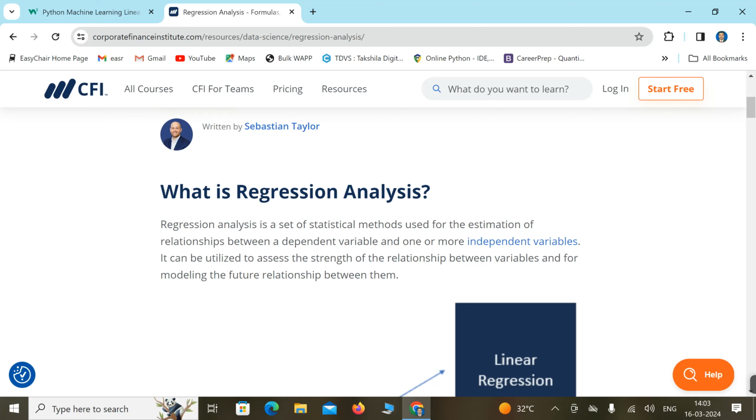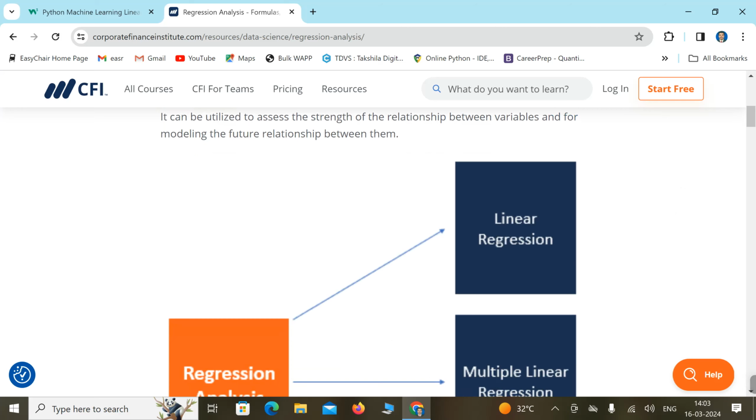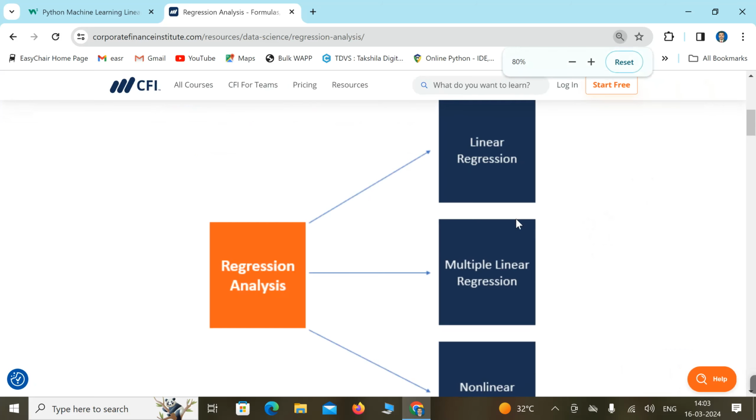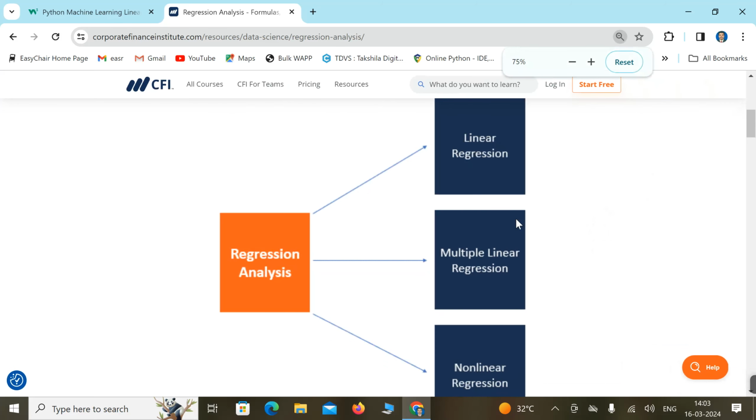Based on the number of dependent variables, and of course there will be one dependent variable, the number of independent variables, and the relationship, regression analysis has three different types. One is called linear regression.